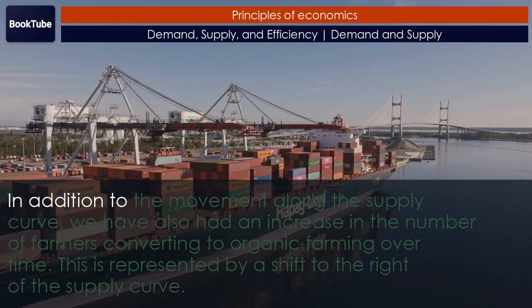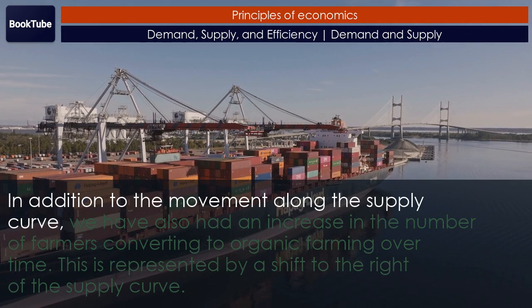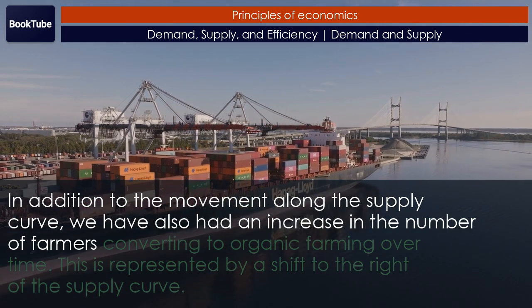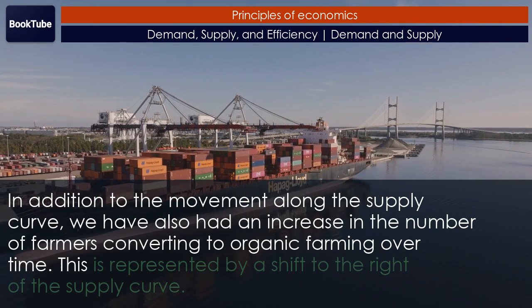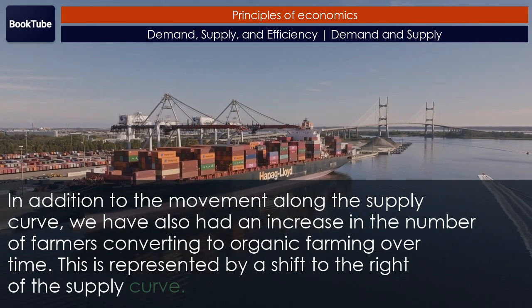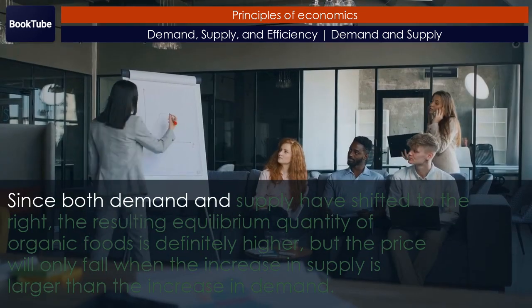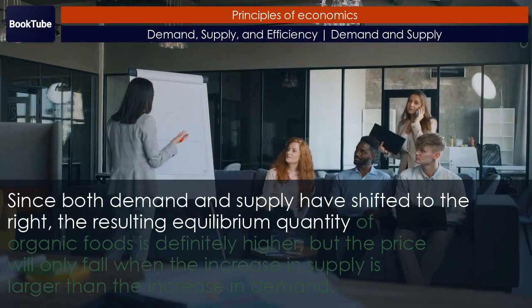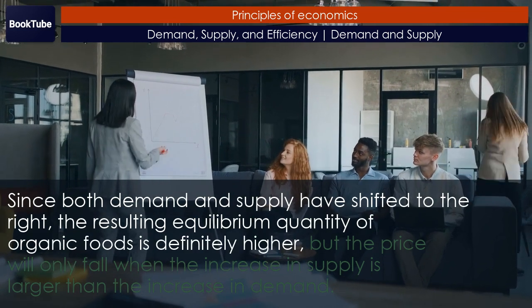In addition to the movement along the supply curve, we have also had an increase in the number of farmers converting to organic farming over time. This is represented by a shift to the right of the supply curve. Since both demand and supply have shifted to the right, the resulting equilibrium quantity of organic foods is definitely higher.